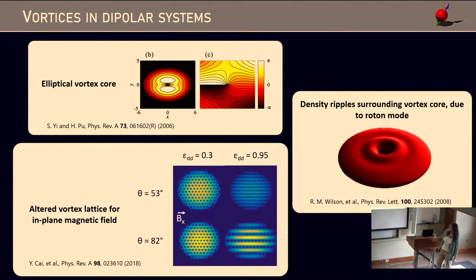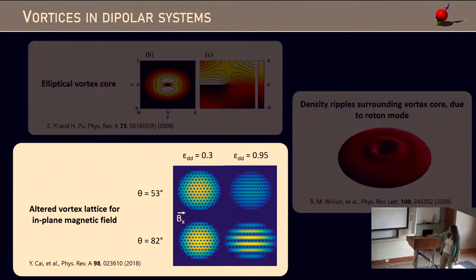And then we also expect to have an altered vortex lattice. So instead of the triangular lattice that we have in contact-dominated BECs, we expect to have this stripes configuration, the vortices aligned in stripes instead of a triangular configuration. In particular, we focused on this last property.